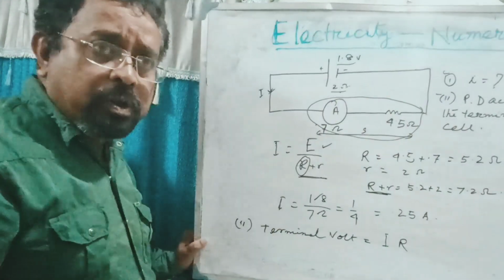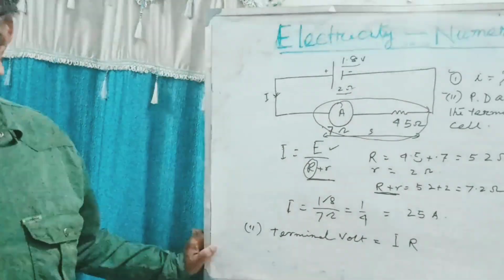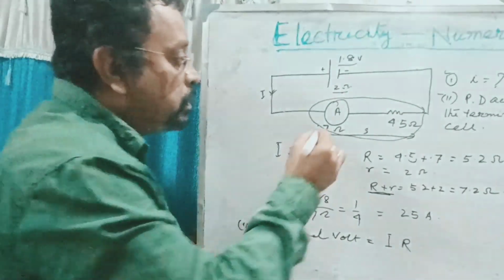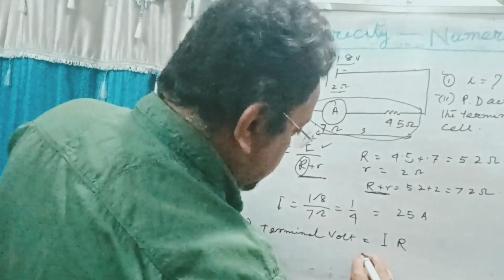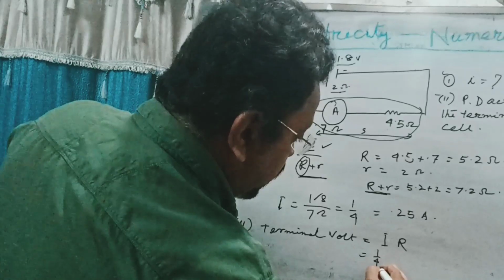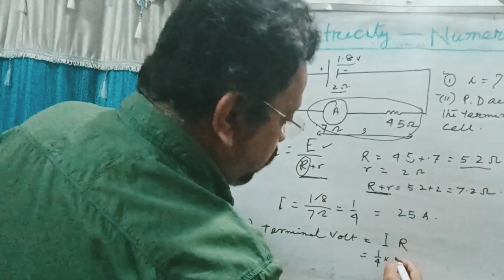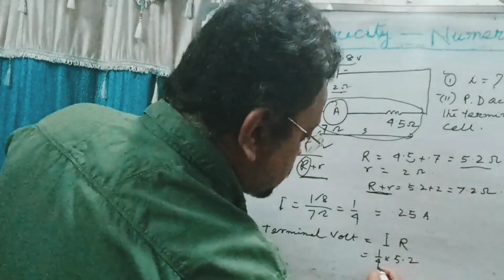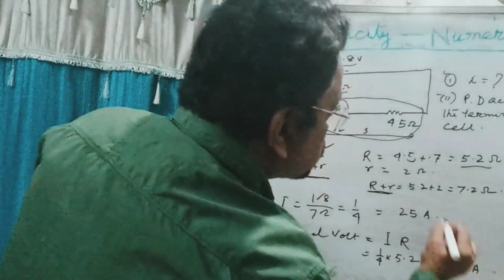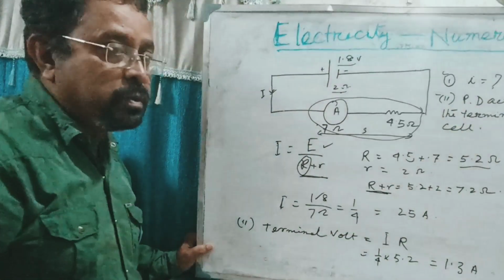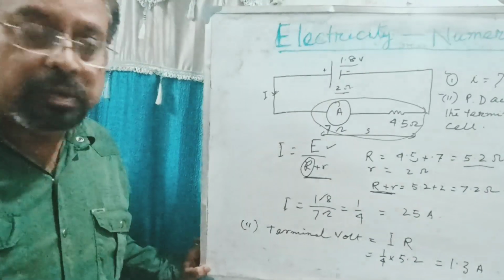And potential drop, we know, is I into internal resistance, and terminal voltage is equal to I into external resistance. So I is equal to how much? 1 by 4. And how much did we get for the external resistance? External resistance is 5.2. So how much is it coming? This is coming around 1.3 volt. So the second part, the potential across the terminal voltage, is 1.3. Clear, bachcho?